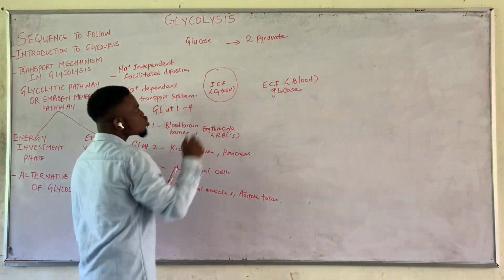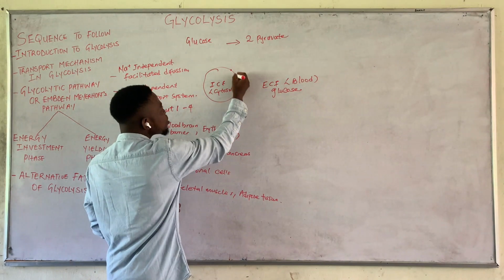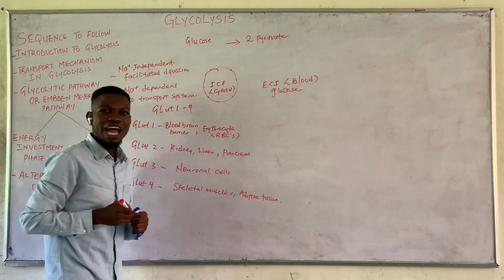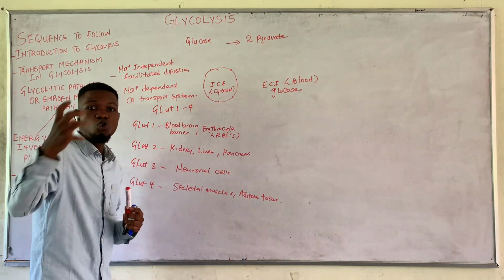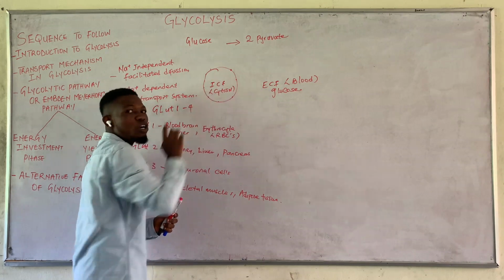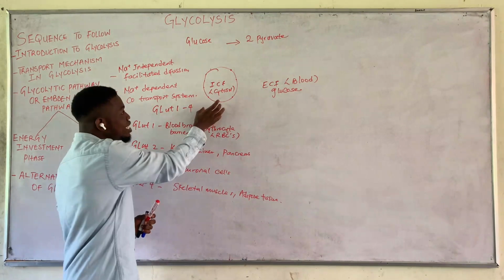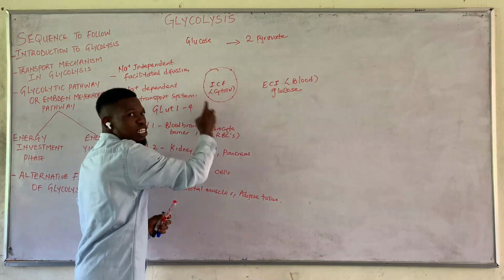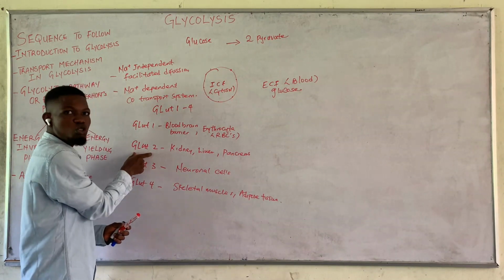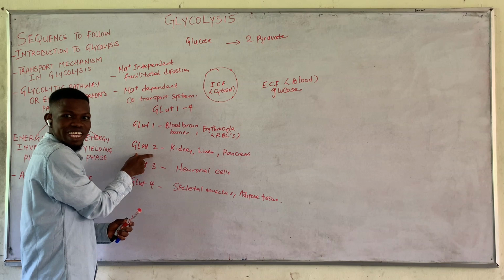So these glucose transporters are present around biological membranes. They are transporters of glucose. They assist the glucose to gain entry into the cytosol. If this cell is a kidney cell, then the glucose transporter here will be GLUT2.